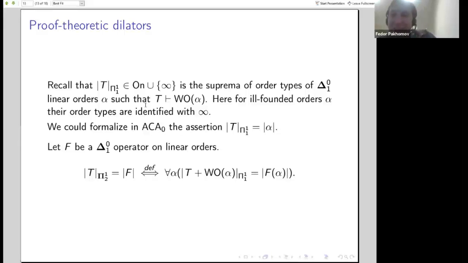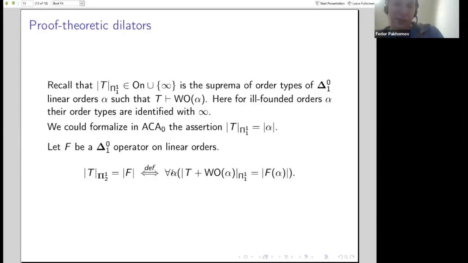And now we could consider these theories as operators on ordinals. Basically, for a given linear order alpha, we always could consider the theory T plus alpha is well ordered.